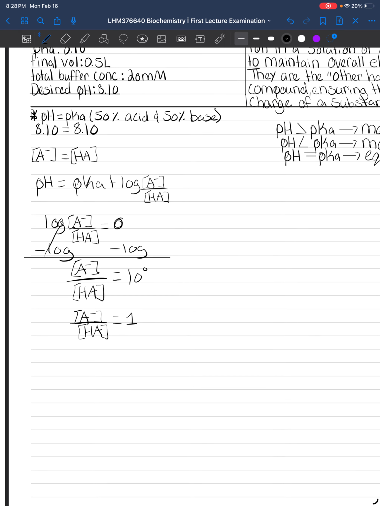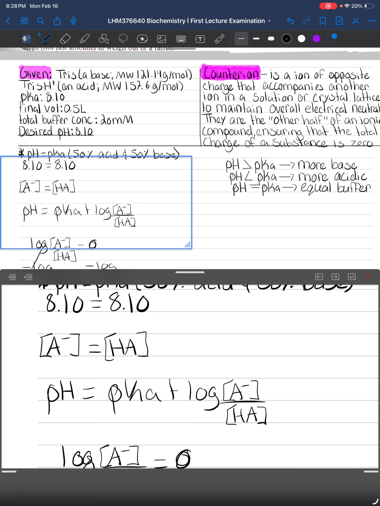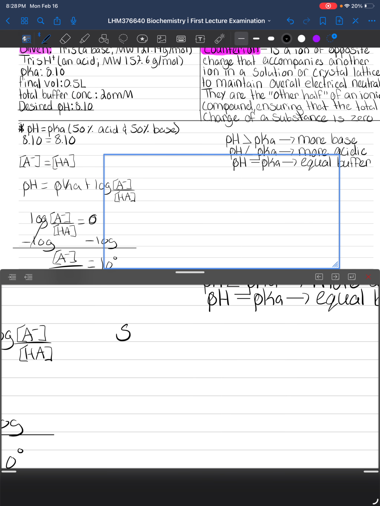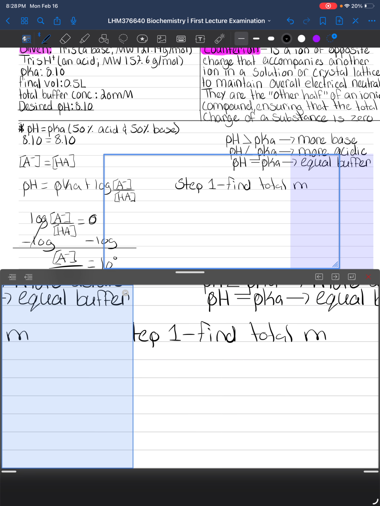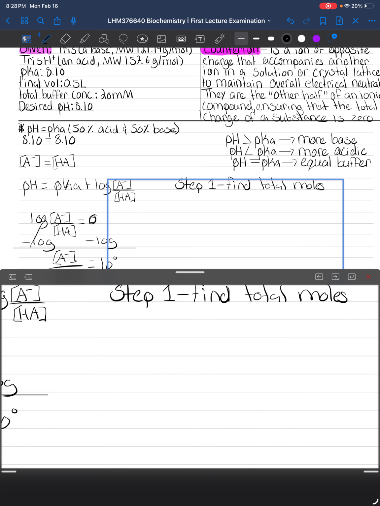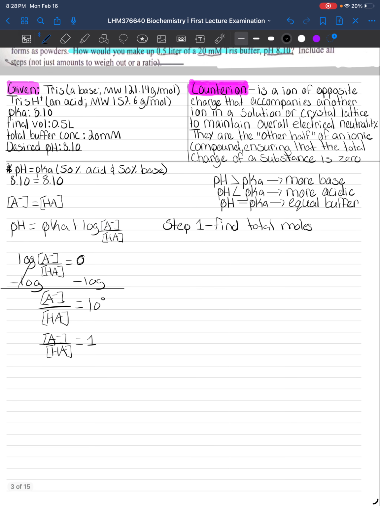So what we're going to do now, step 1, we know that the ratio is 1. So step 1, we're going to find the total moles. I just want to point out this is millimolar, so we want it in molarity.